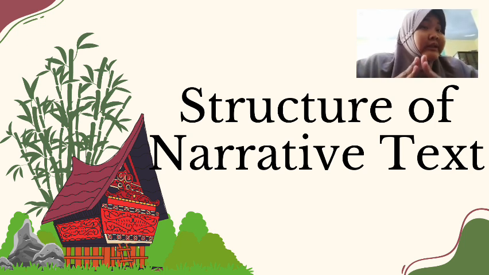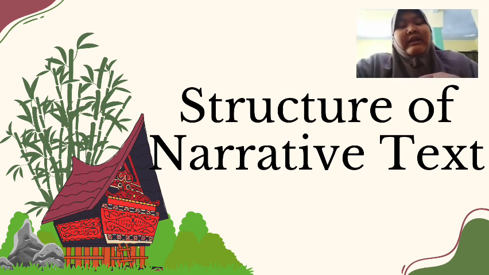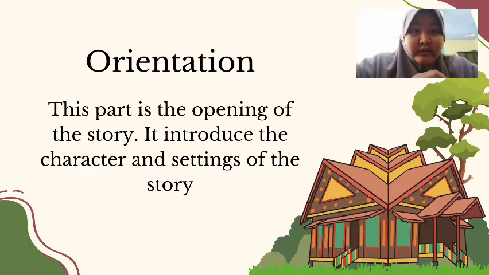You should pay attention to this explanation because after this we're going to have a little exercise in the listening and speaking session. So listen carefully. The first structure of narrative text is the orientation.